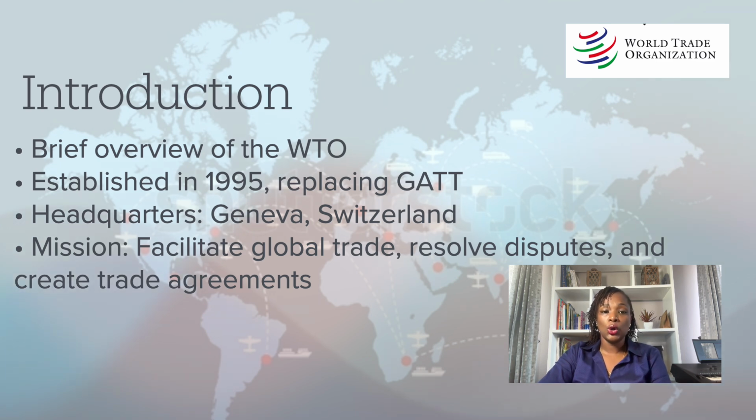The WTO's headquarters is located in Geneva, Switzerland, and it currently has 164 member countries, which together account for over 98% of world trade. The organization is responsible for negotiating and enforcing trade agreements, resolving trade disputes, and providing technical assistance to developing nations to help them integrate into the global trading system.